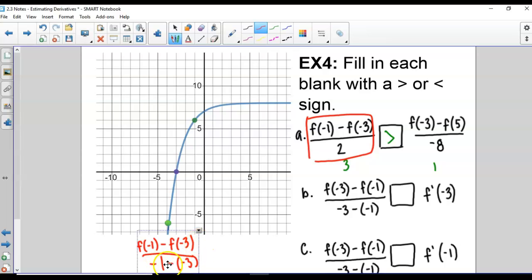But what is negative 1 minus negative 3? Both of these right here will turn to plus, so we'll get a positive 2, which is what they've got in the bottom right here. So what this right here is telling us is really the slope of the line between negative 1 and negative 3. So when I see this notation right here, it's going to represent a slope. It represents the slope between what two numbers, Justice?